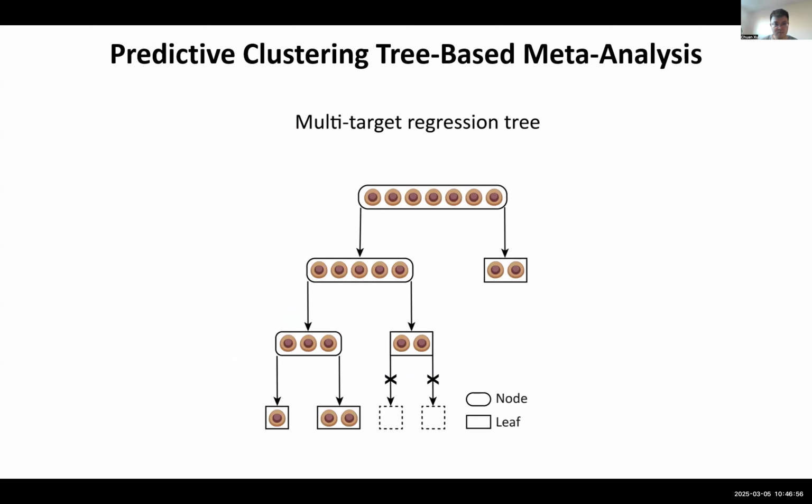For the first challenge, CellHint is built on the predictive clustering tree algorithm. For those of you who are not familiar with this algorithm, it is a multi-target regression tree algorithm where cells are iteratively split into descendants until they form some homogeneous groups.